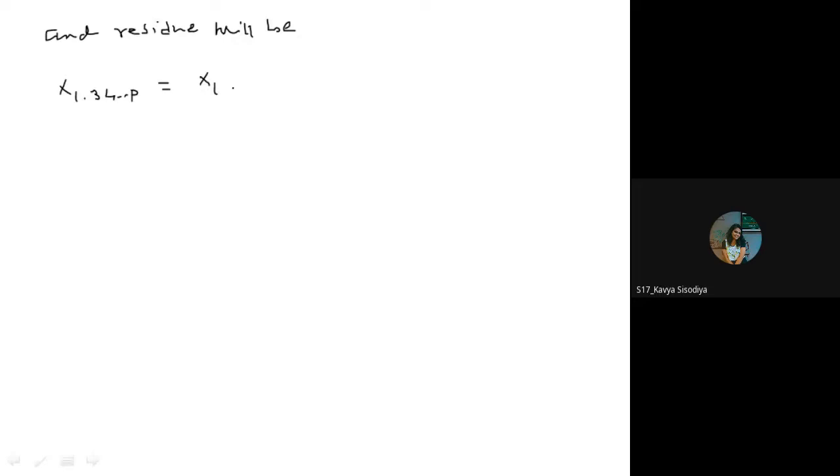It is the original observation x1 minus the corresponding estimate. So what is the estimate? It is sigma 13 sigma 33 inverse x3. So this is nothing but the residue of x1 on x3 up to xp.